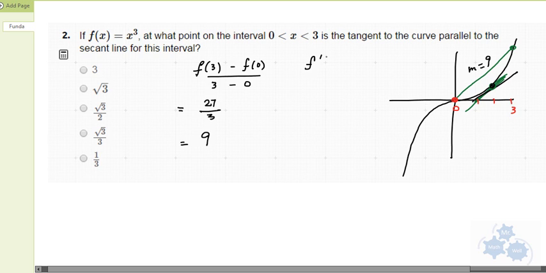So we're going to have to take the derivative of f of x. And what is the derivative of f of x? 3x squared, yeah. Okay, remember, you're getting integrating and differentiating mixed up here. That's no problem. So 3x squared. And I want to let that 3x squared equal 9.